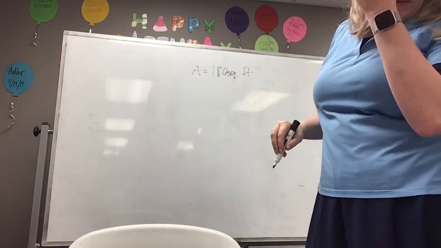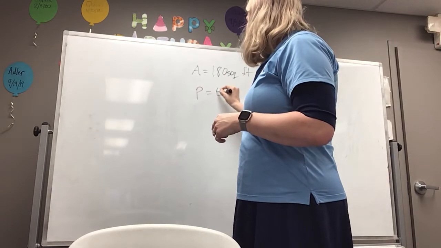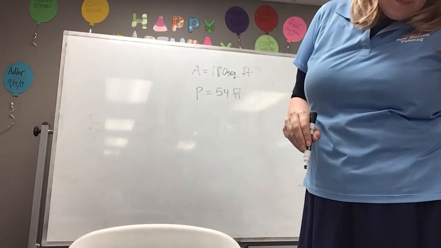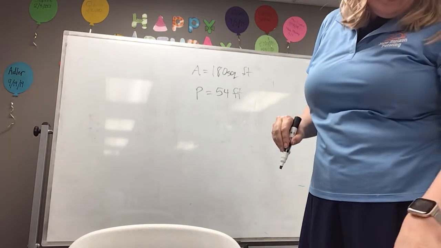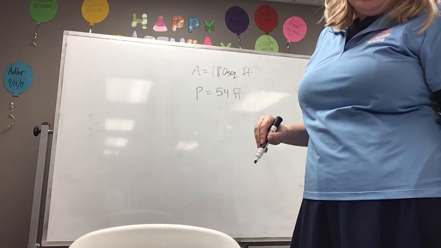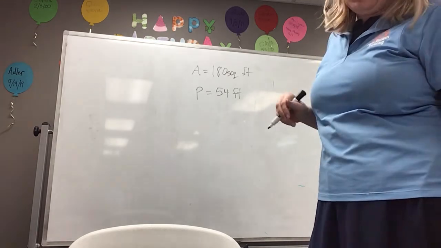And her perimeter is 54 feet. When she draws a sketch of her living room the next day, she realized she'd forgotten to write down the dimensions of the room. What are the dimensions of Carla's living room in feet?